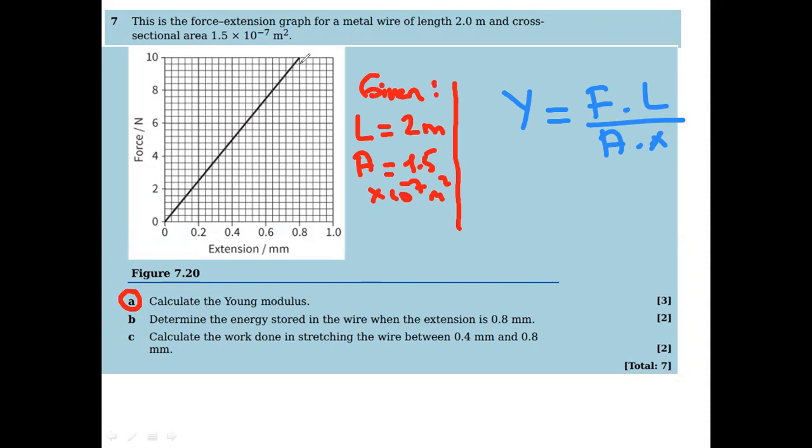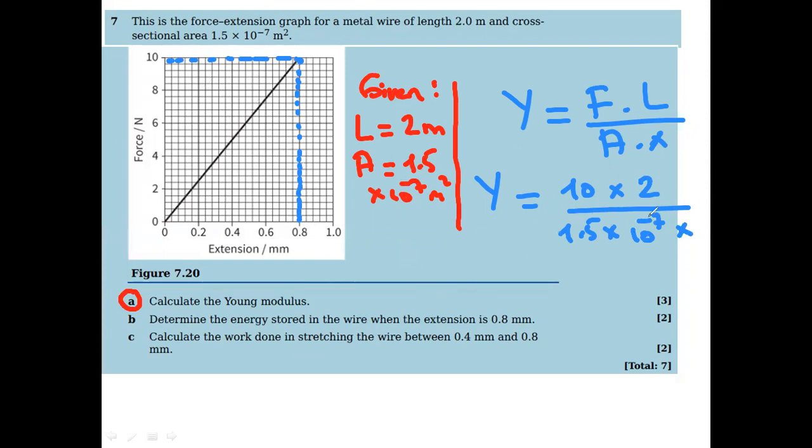If we use the last point on the graph, X is 0.8 and F is 10. So let's use these values. Young modulus Y is equal to F, which is 10 newtons, times length, 2 meters, divided by cross-sectional area, 1.5 times 10 to the power minus 7, times extension X, 0.8 millimeter.